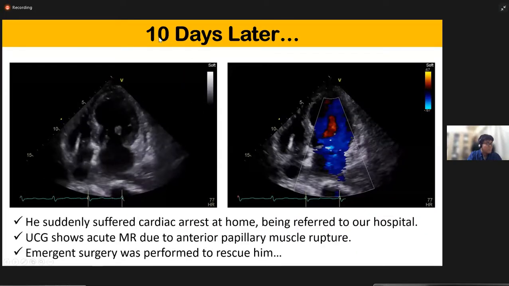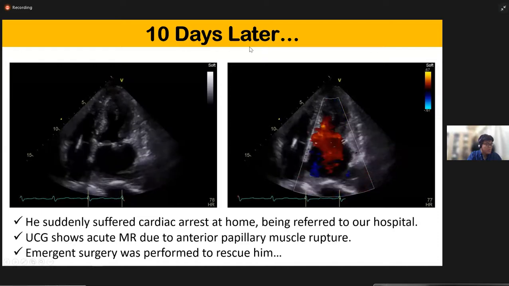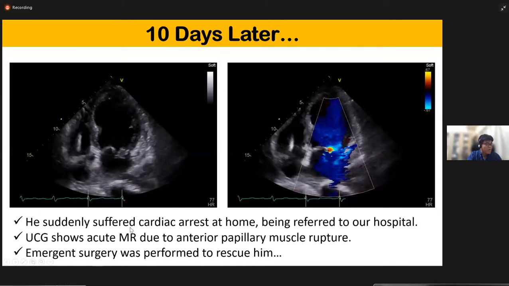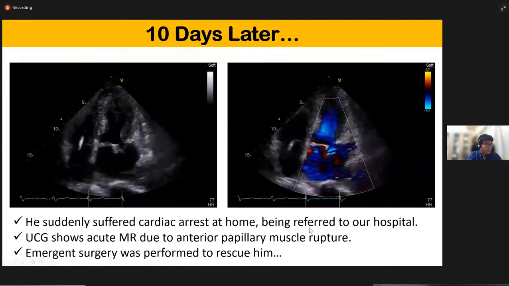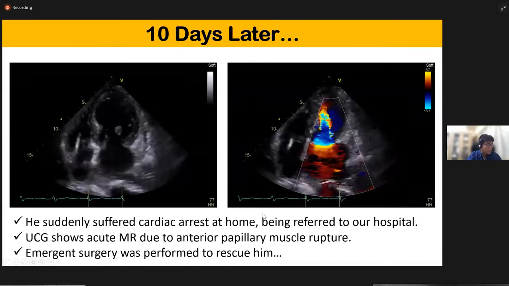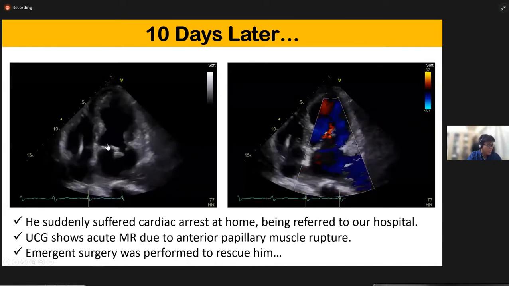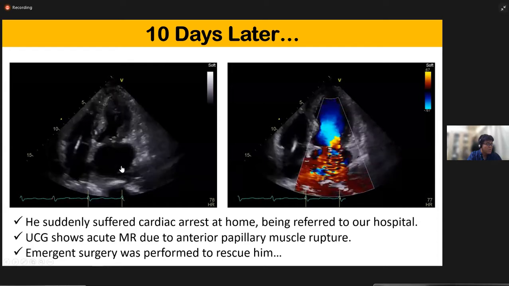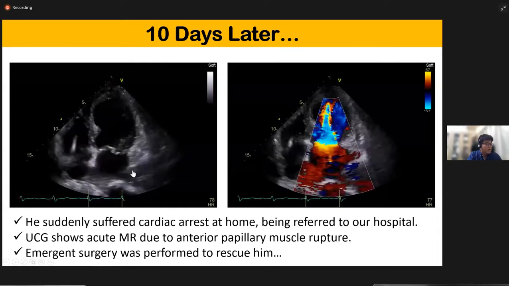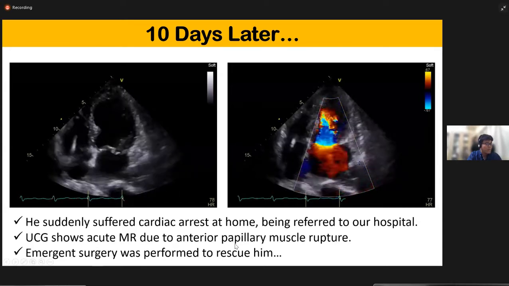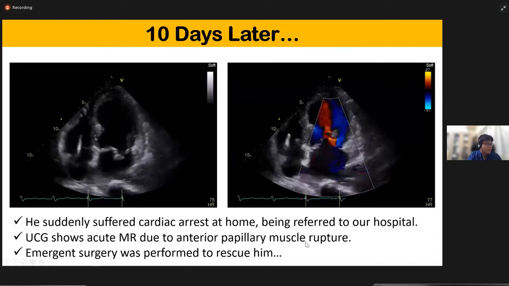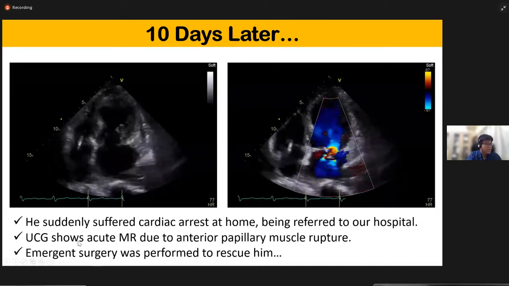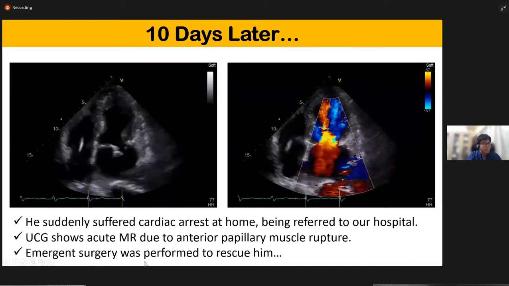However, 10 days later, he suddenly suffered cardiac arrest at home, and was referred to our hospital. As you can see here, UCG shows acute MR due to anterior papillary muscle rupture. That's why emergent surgery is necessary to rescue him.